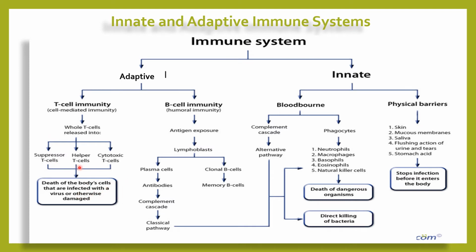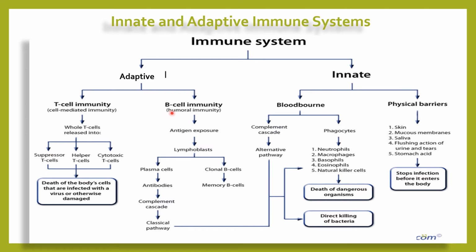Remember, it is the body cells that are infected with the virus or otherwise damaged. So it is also involved in the regulation of the health of our cells. Those cells that are not healthy are killed or destroyed by your suppressor, T helper, and your cytotoxic T cells.